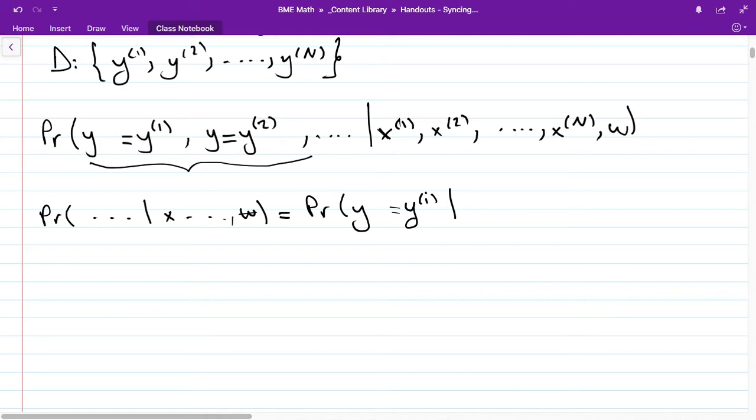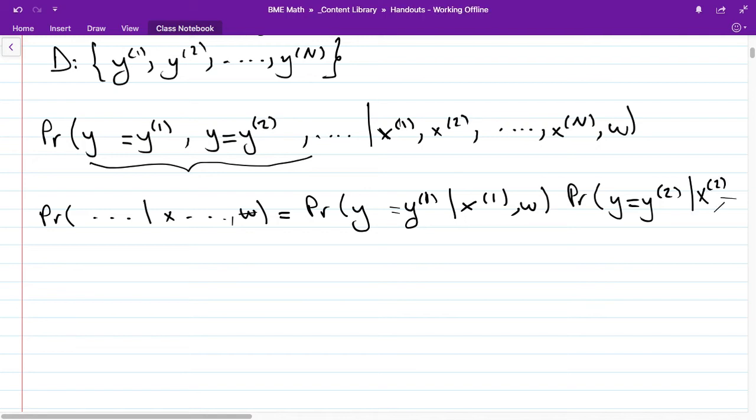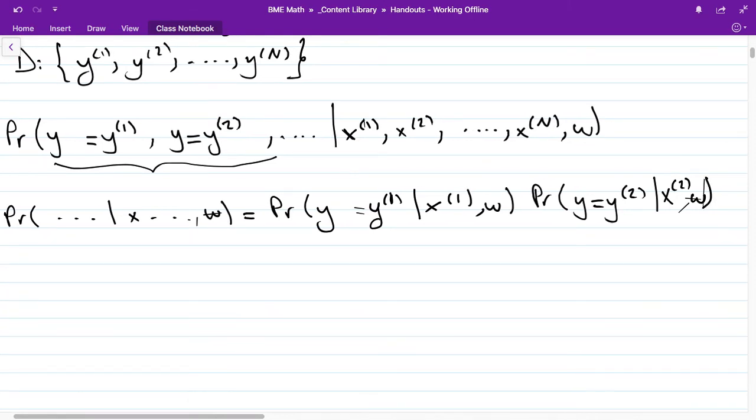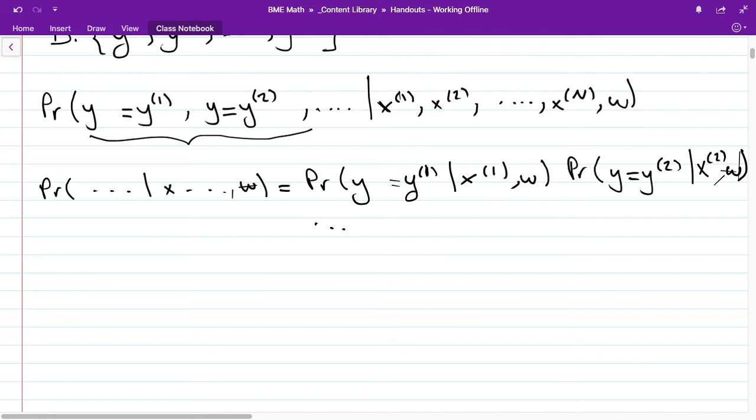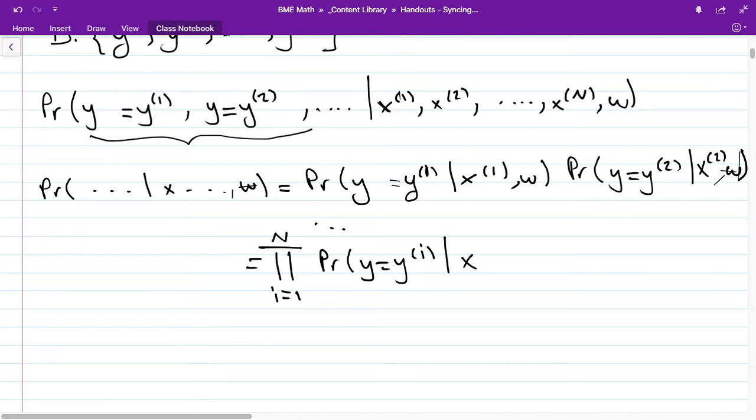So the probability of y being equal to the first point that we observed, given that x is this first point, and w, times the probability of y being equal to the second point that we observed, given x2 and w, times all these other probabilities, which is equal to the product over i equal to 1 to n of the probability of y equal to the observed points, given xi.